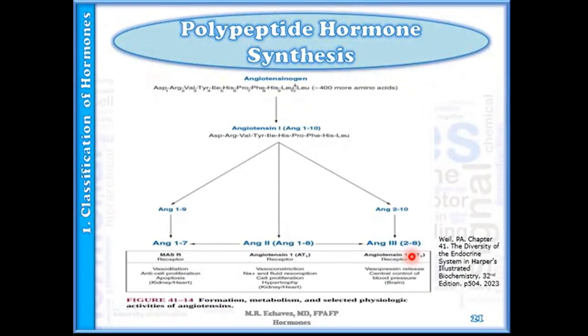Angiotensin 2 binds to specific adrenal cortex glomerulosa cell receptors. The hormone receptor interaction does not activate adenylyl cyclase, and cyclic AMP does not appear to mediate the action of this hormone.